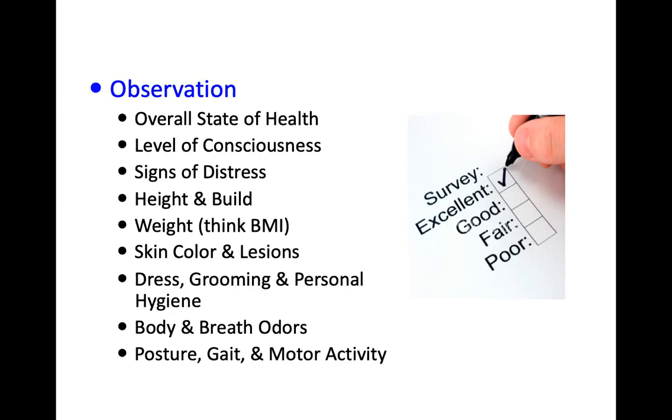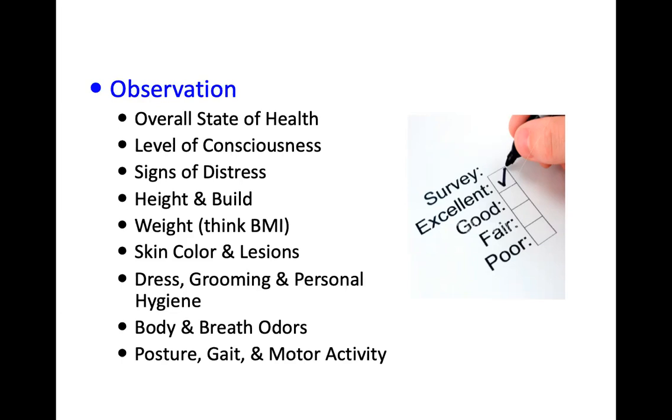I think the same goes for body and breath odors, but breath odors are important because you can definitely know if they've been drinking alcohol. Sometimes you have a fruity breath that goes along with excessive sugar. So that's important. And for me, body odors are there because I have homeless people who don't necessarily shower every day.